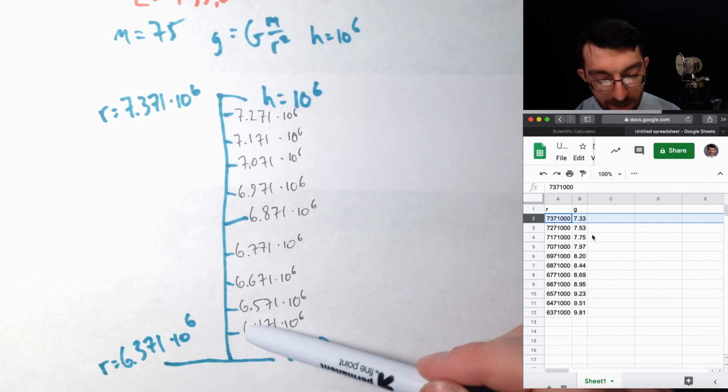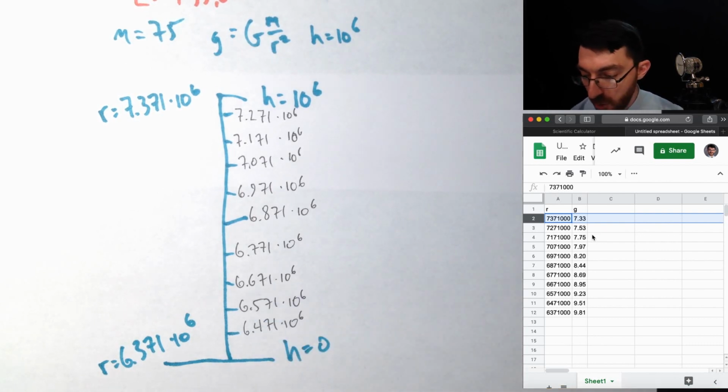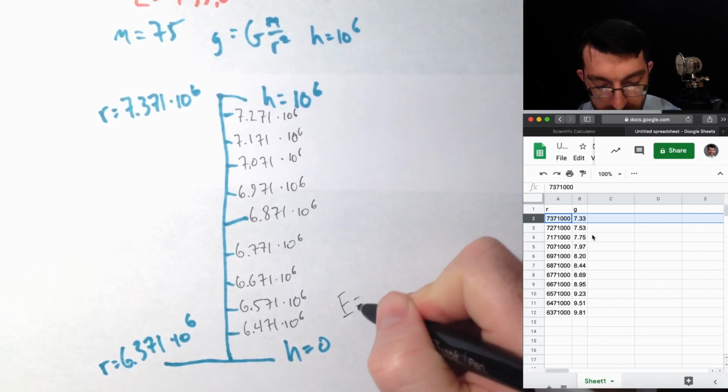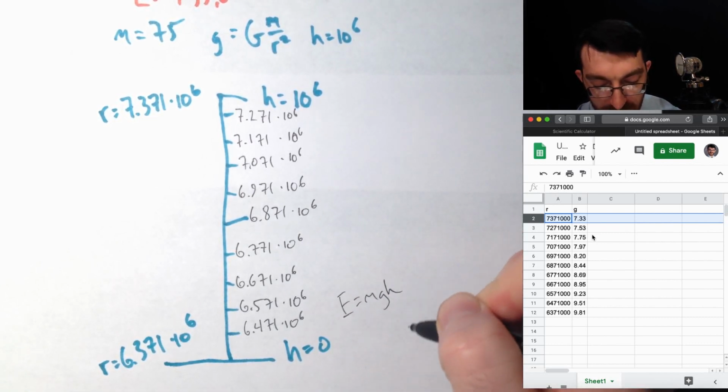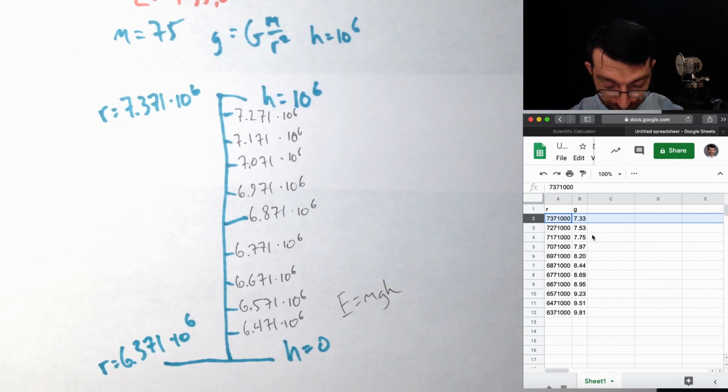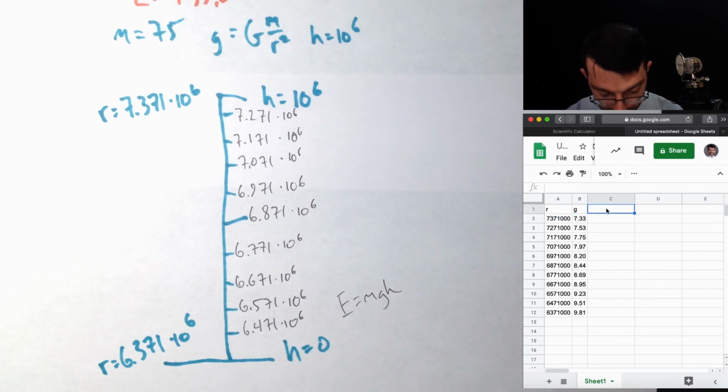Just going a tenth of the way, you can do your own little E equals mgh just for that one. And then do it again for here. So let's do that. This is going to be the energy for the jump.